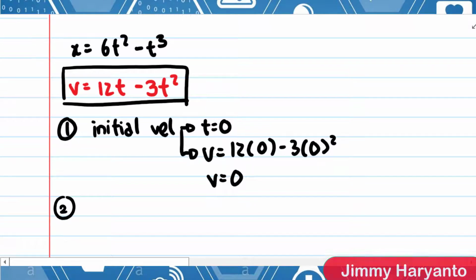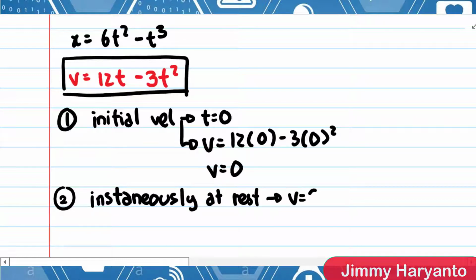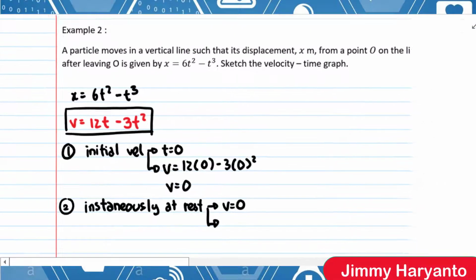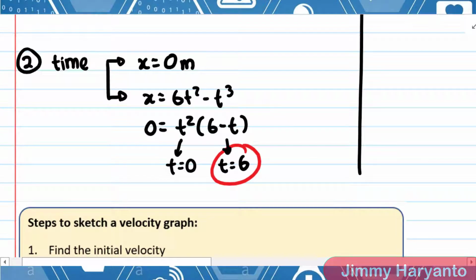Next, number 2. For number 2, we can find the time when it's instantaneously at rest. Instantaneously at rest means velocity equals 0, and we already calculated this.